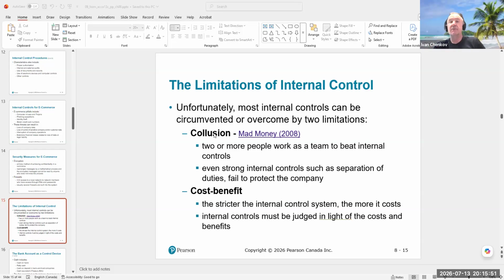It gives you the point that even a strong internal control, such as separation of duties, is going to fail to protect the company if the people start working as a team.